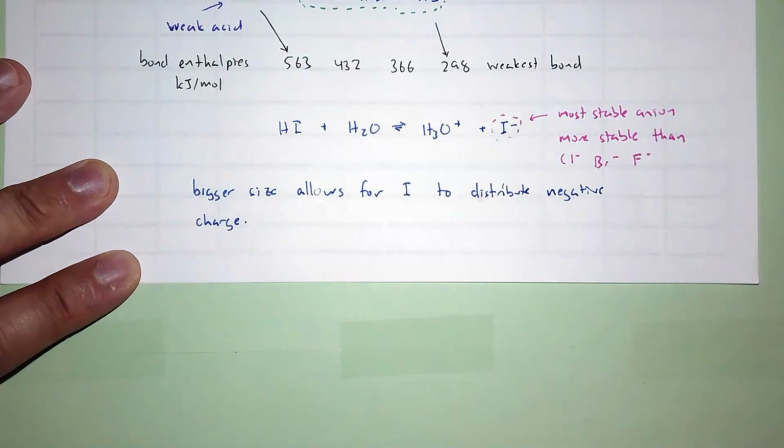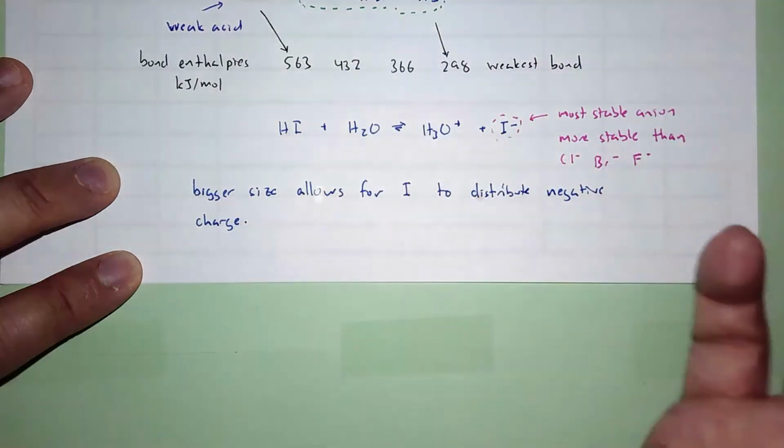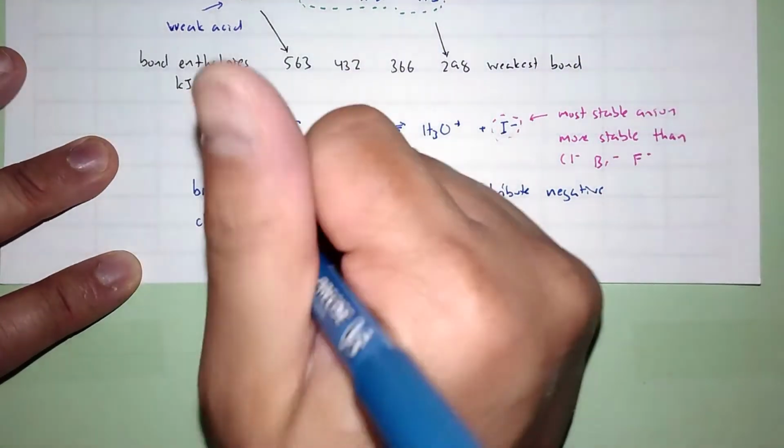For charged molecules and charged atoms, the better you can spread out the charge, the more stable the species is.